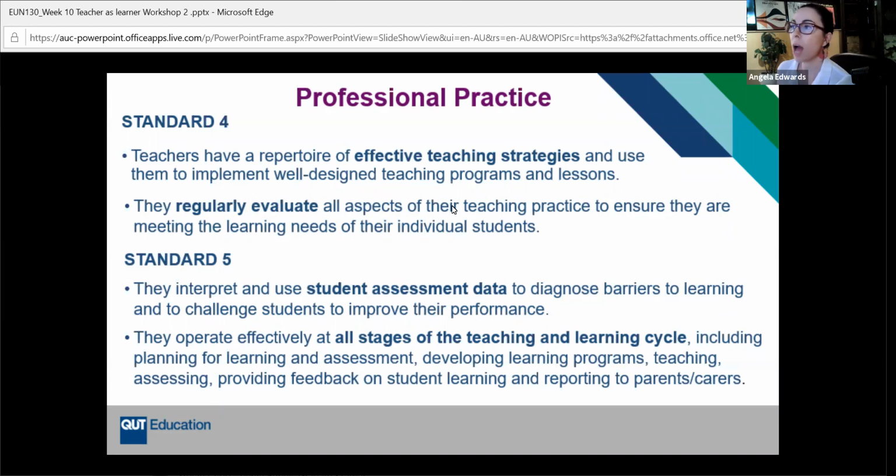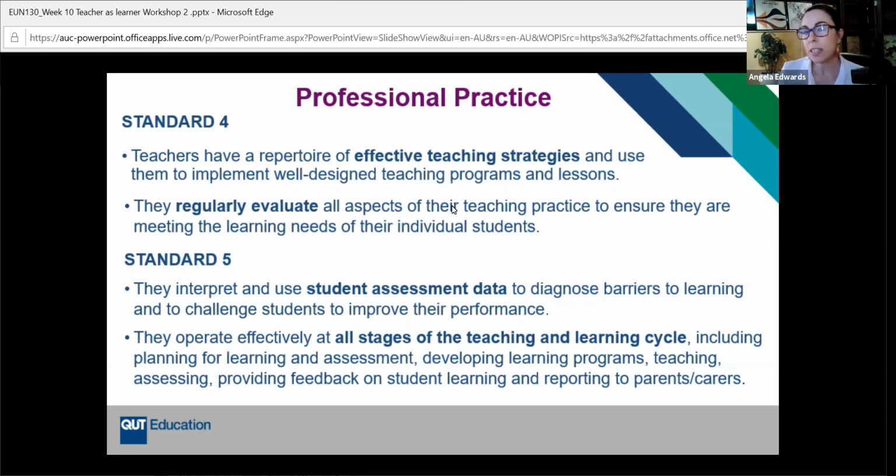Again, I would like you to go through standard 4 and standard 5, and in your journal I want you to pull apart each particular one, relate it back to what you did during professional practice, and also to some of the reflection that we did in class. Pull out what we were discussing and what you thought about during your professional experience.